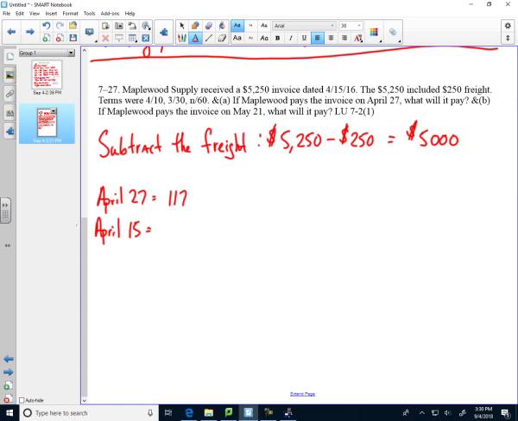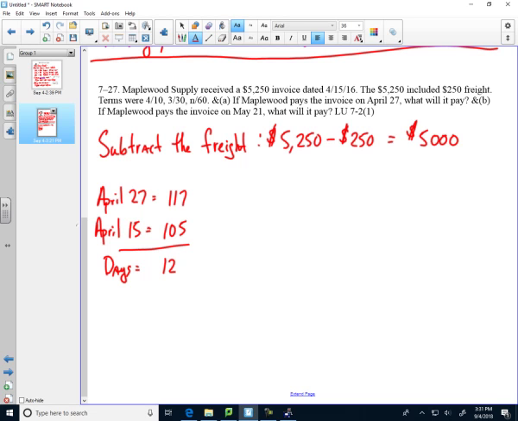And April 15th is 105. So when you subtract that, how many days till Maplewood paid? 12 days.